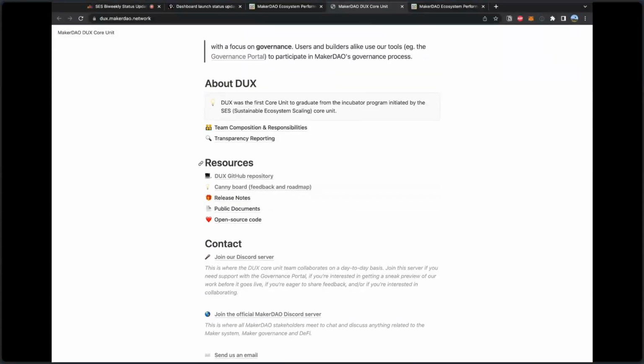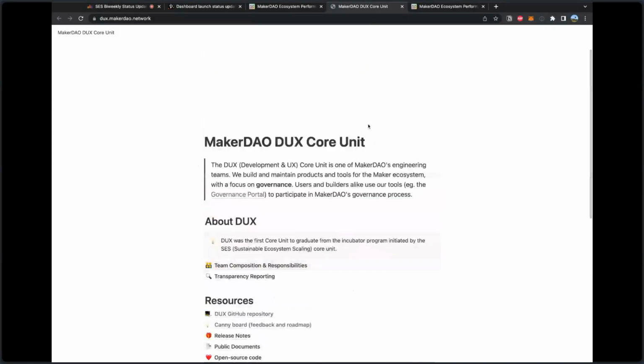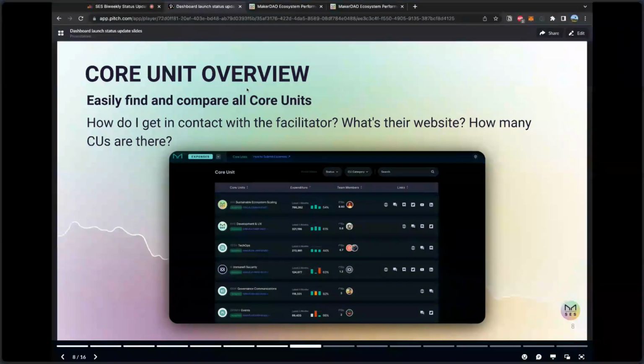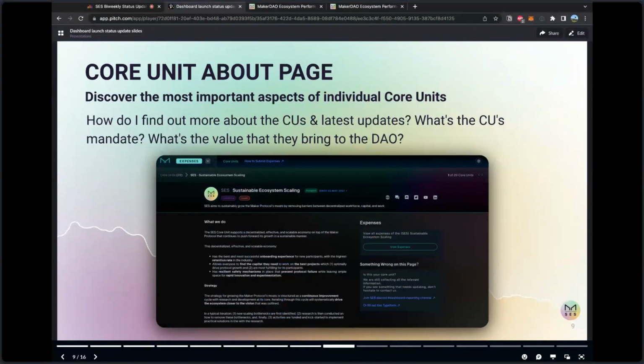Other things like that, we can really get up to speed with a specific core unit and not have to waste time running around trying to find this sort of basic information. Then if we move to the next problem that we're trying to tackle here, which is really about the core unit about page, and trying to enable all stakeholders within the DAO to discover the most important aspects of individual core units.